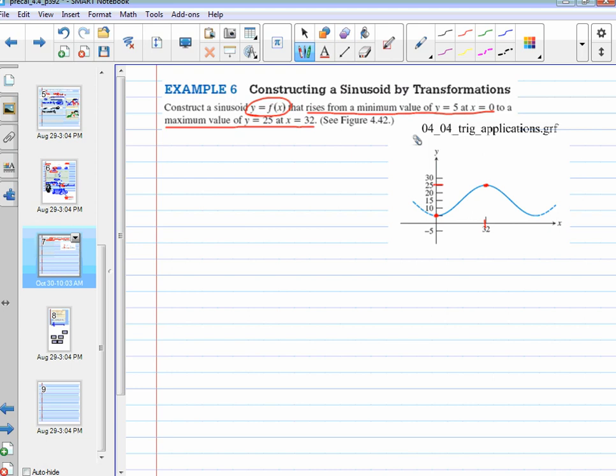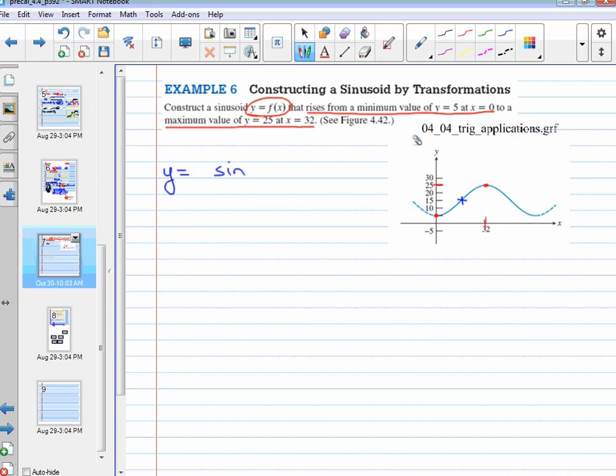Now, I want to do this using a sine function again. So something with my sine function. Now remember, a sine function usually has the origin right there, starting up.